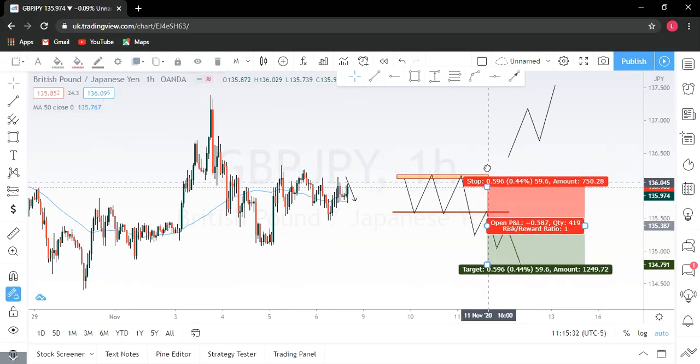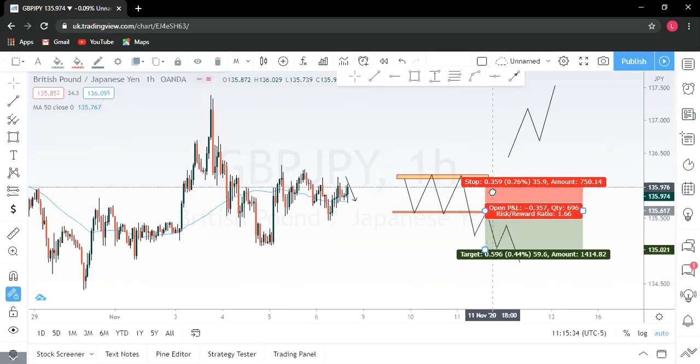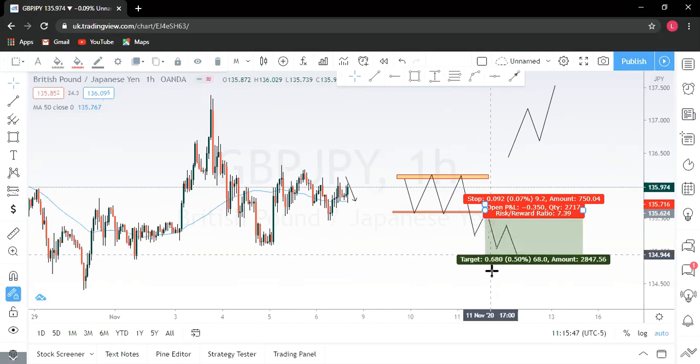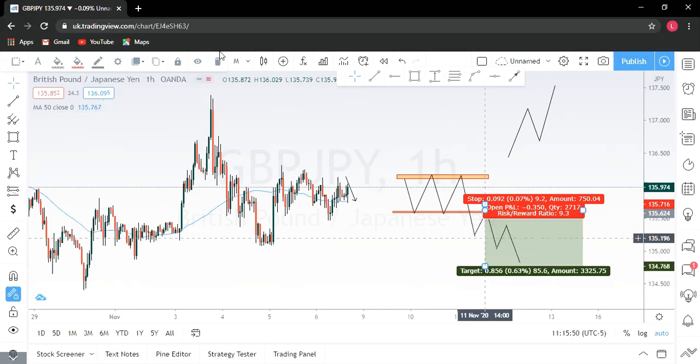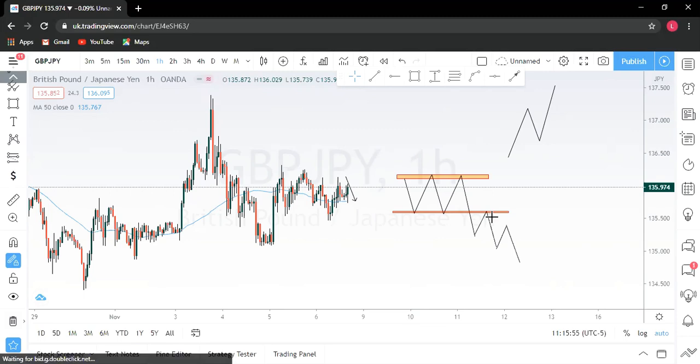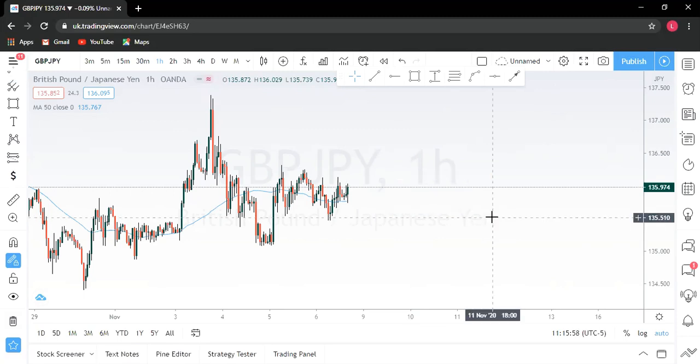So you adjust your stop loss to a little pips above that candle, then your take profit will be to your next resistance level. Okay, you understand? So that is how to go about trading support and resistance, then support and resistance breakout trading. You understand?